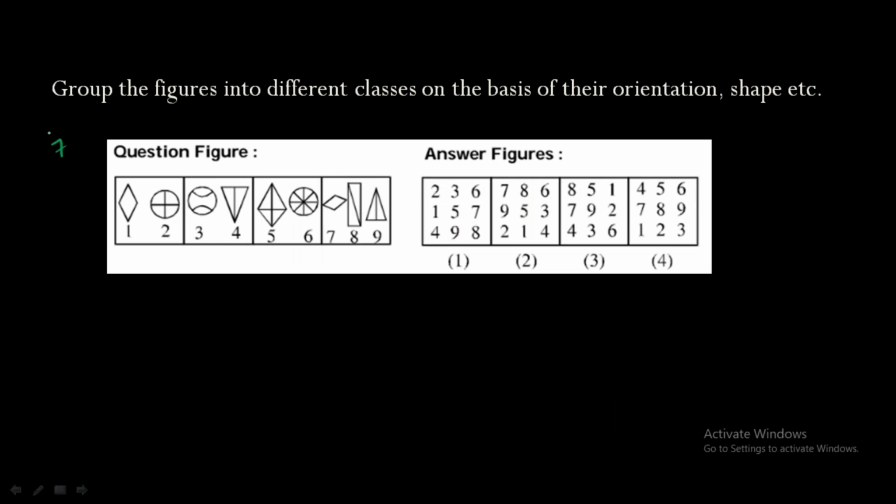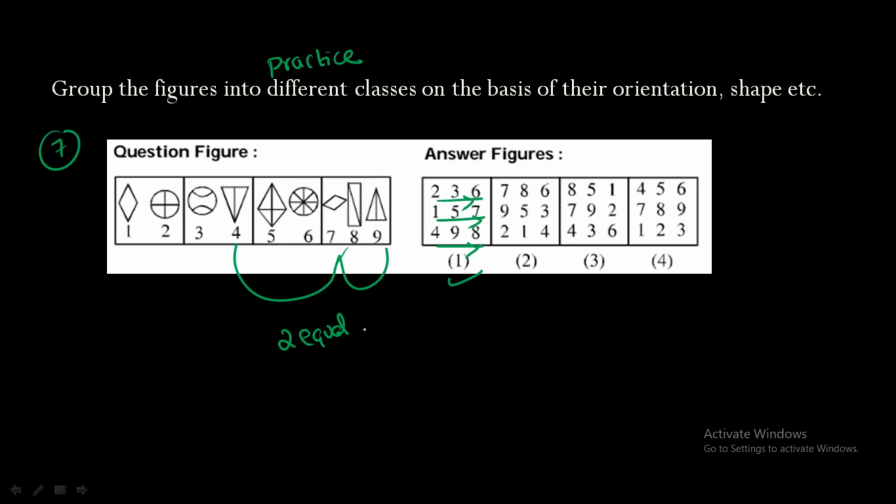This one is for your practice, I think you can do that easily. One clue I'll give for your understanding: 4, 8, 9 is two equal parts. Here we have to see the horizontal way, that logic we have to check.